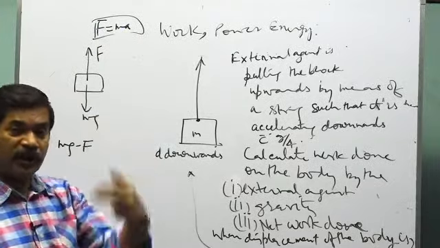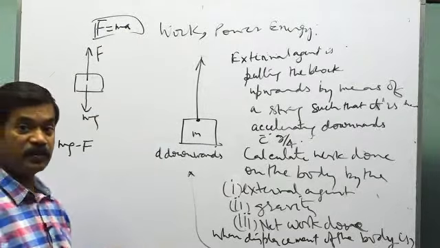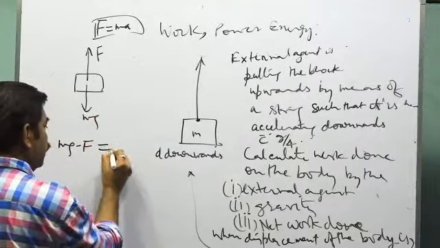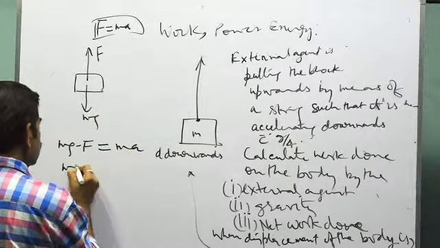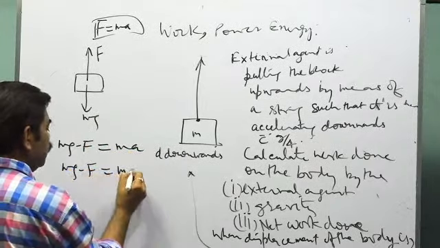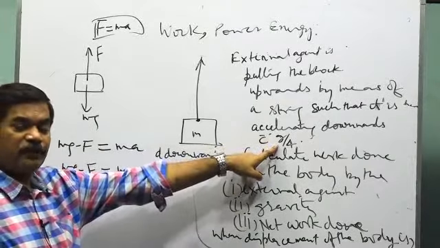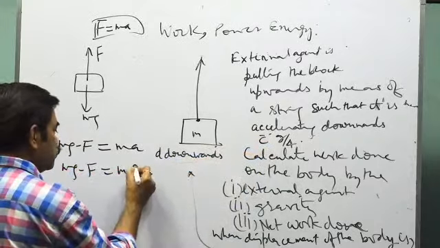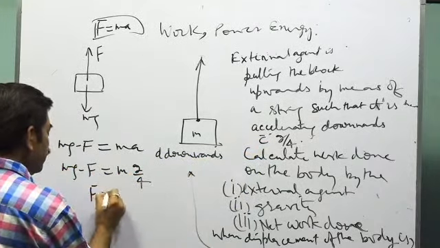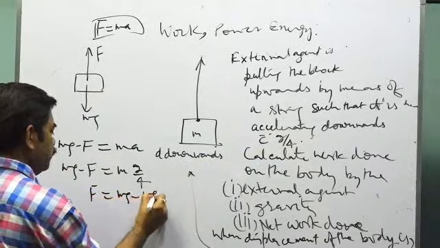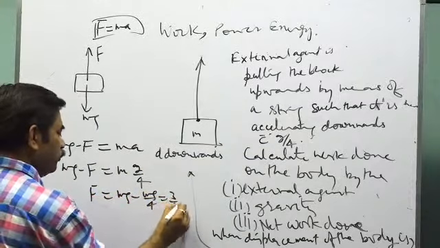Why is the body accelerating downwards? Because mg is bigger. So mg minus F equals m into a, and a is g by 4 downwards. So F becomes mg minus mg by 4, that is 3 by 4 mg.